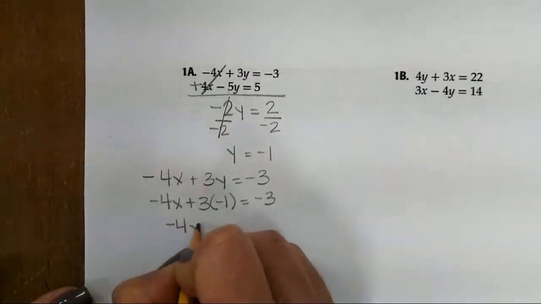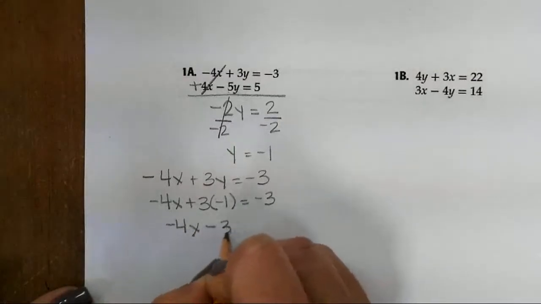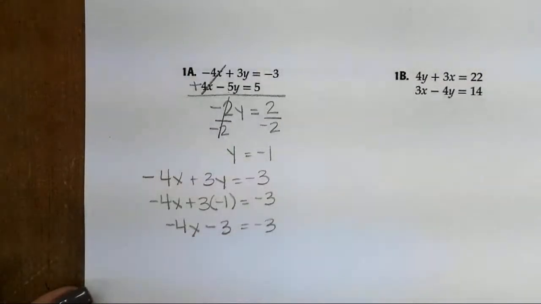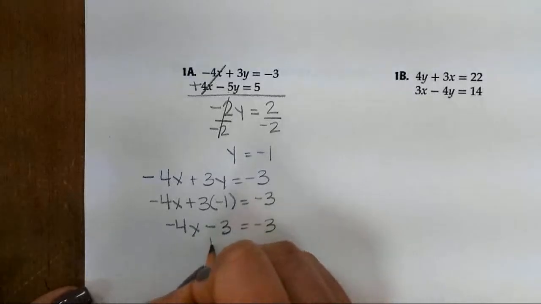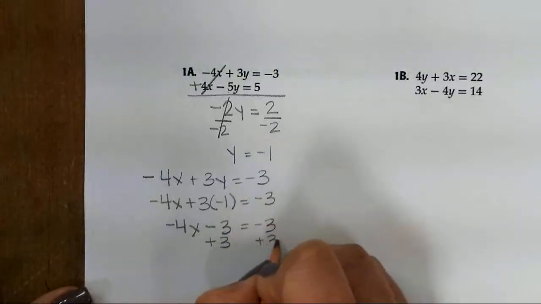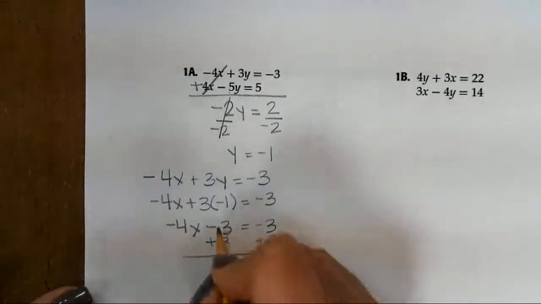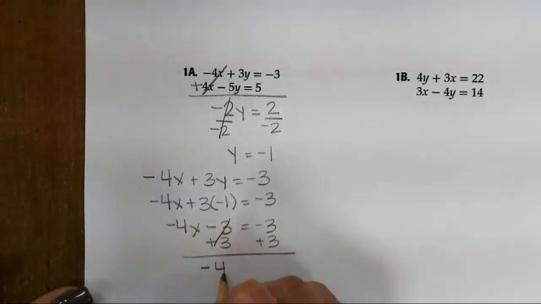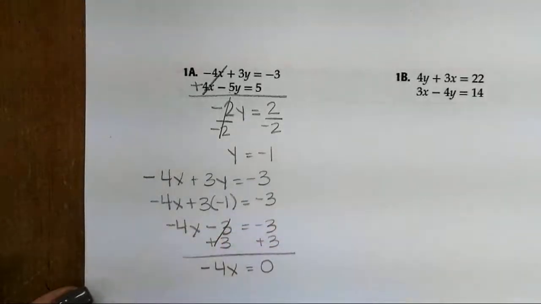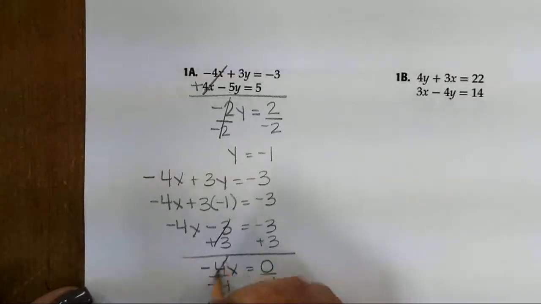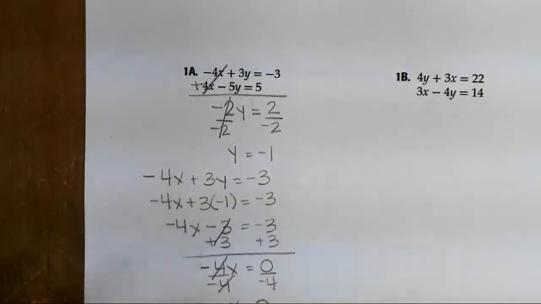So I have negative 4x minus 3 equals negative 3. Okay, add 3 to both sides. Okay, so I have negative 4x equals 0. So when I divide by negative 4, I get that x is equal to 0.